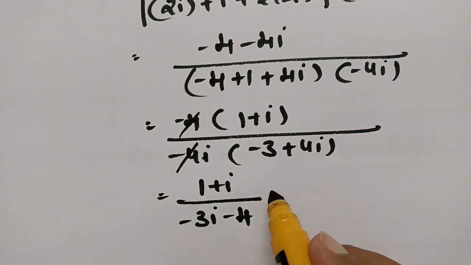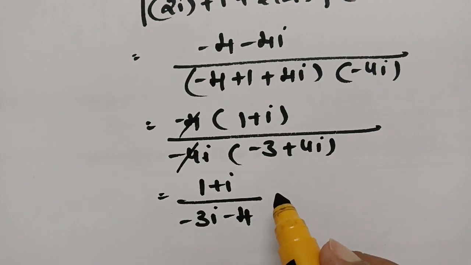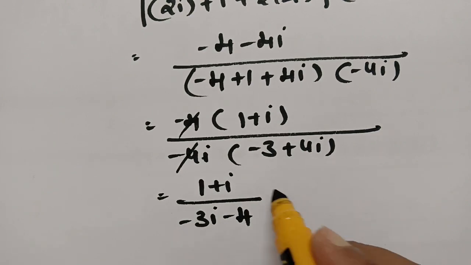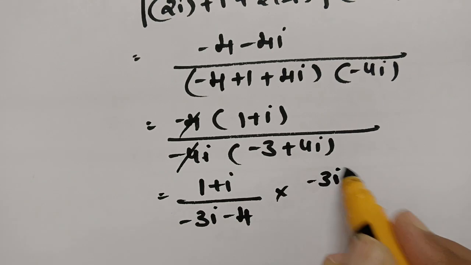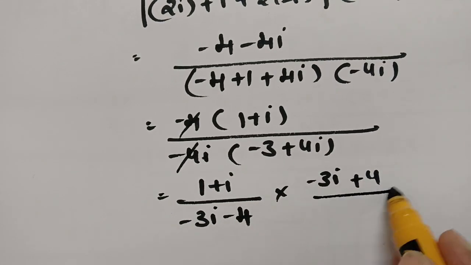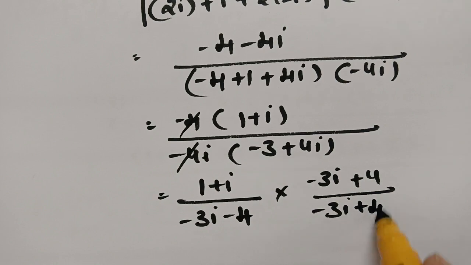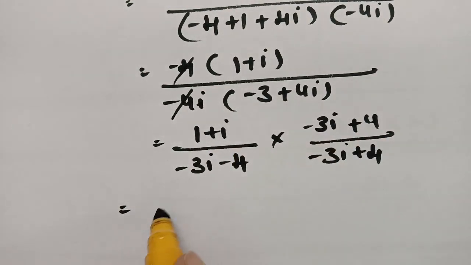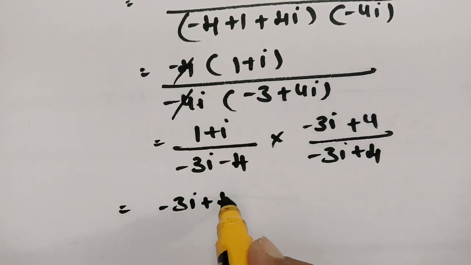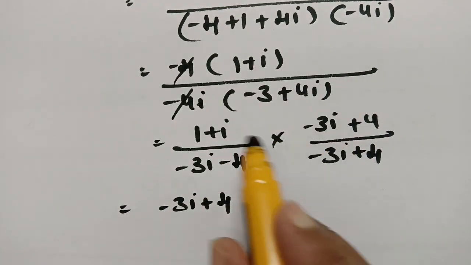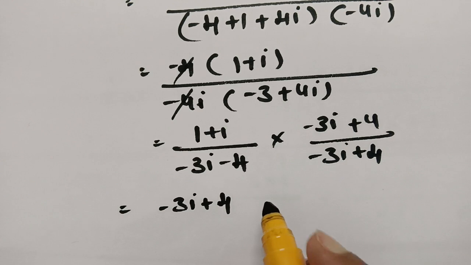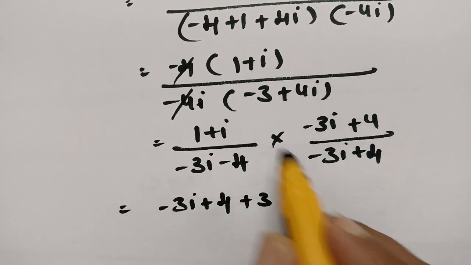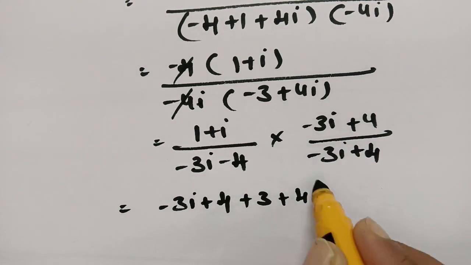So this value will be minus. If I rationalize with minus 3i plus 4, and multiply the numerator, if I multiply with 1, this will be minus 3i plus 4. If I multiply with i square, this is minus 1, minus of minus plus 3, and this is again 4i.